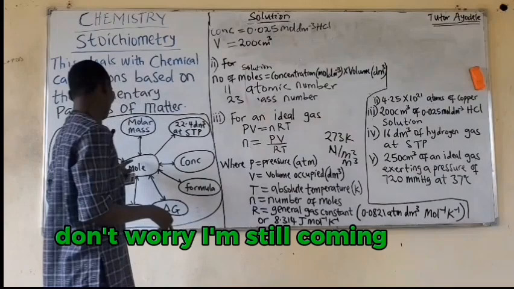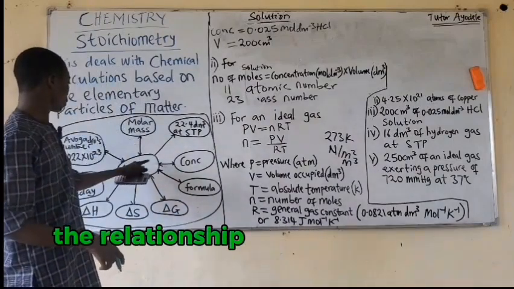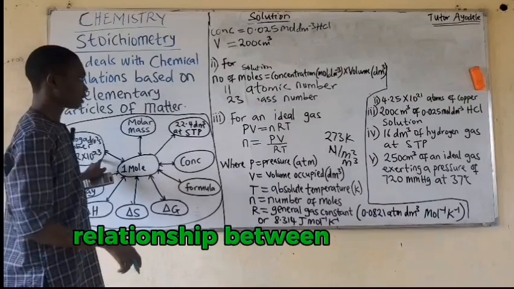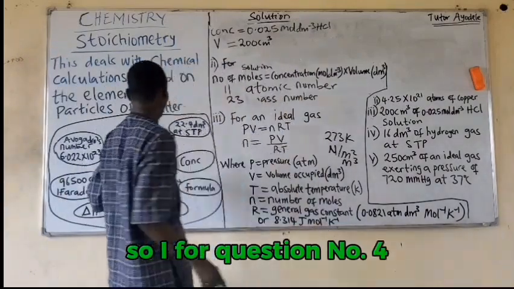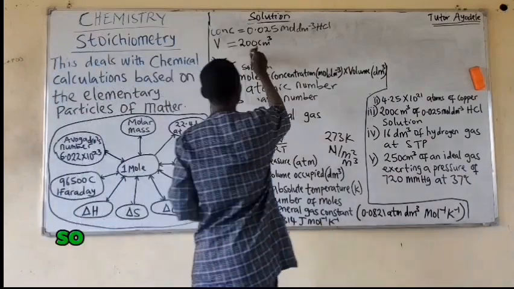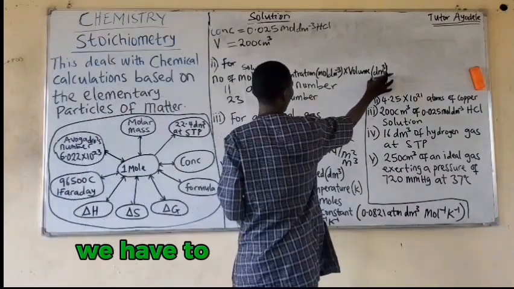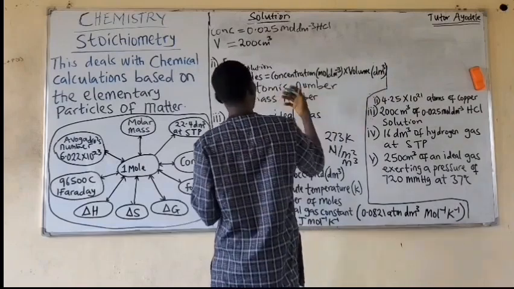Don't worry, I'm still coming back to the relationship between this and this. I've talked about it in question number 2, and question number 4 will be on it. As I've said, we have to convert the volume to dm cube. If you multiply this directly, your answer will be wrong.